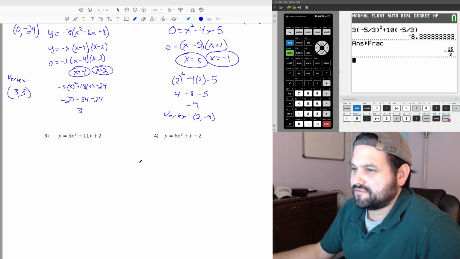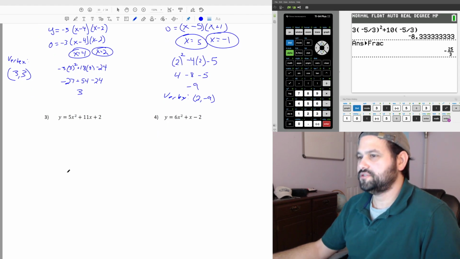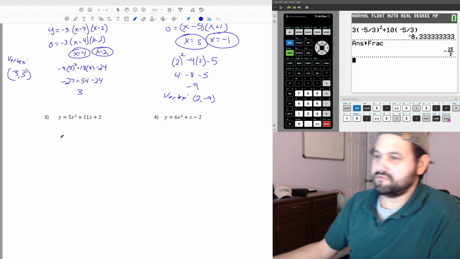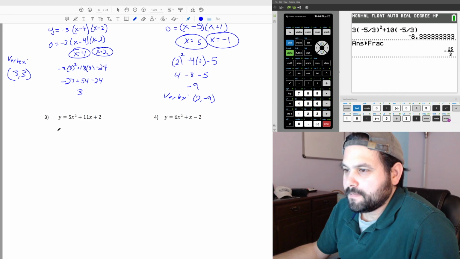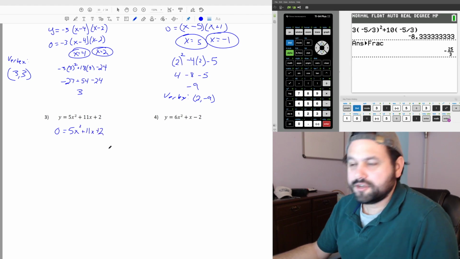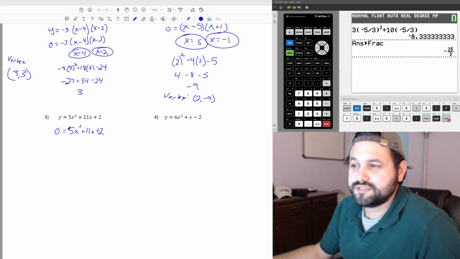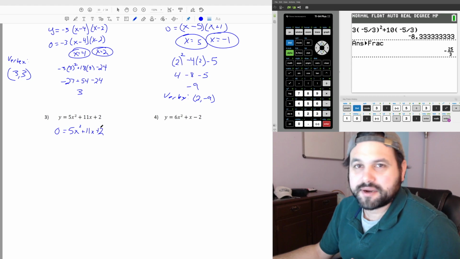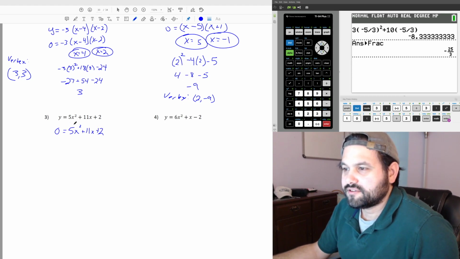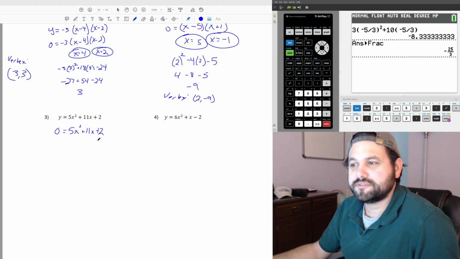Next. 5x squared plus 11x plus 2. This is a great factoring review, by the way. So this one we are going to have to use the AC method, or factor by grouping, however you call them. So 5 times 2 is 10, so I'm looking for numbers that multiply to 10 and add to 11.